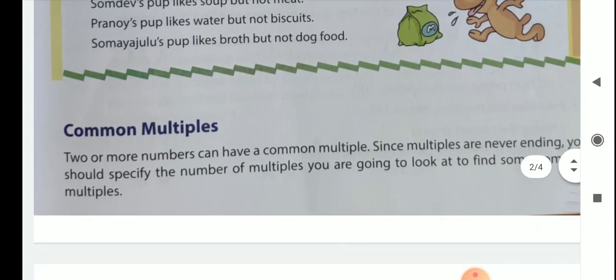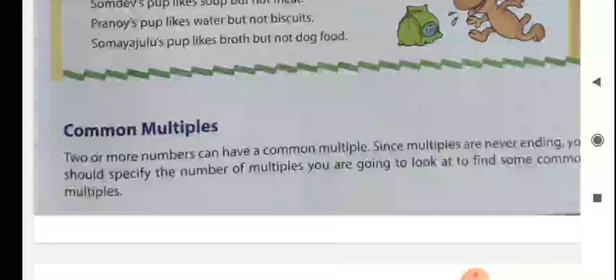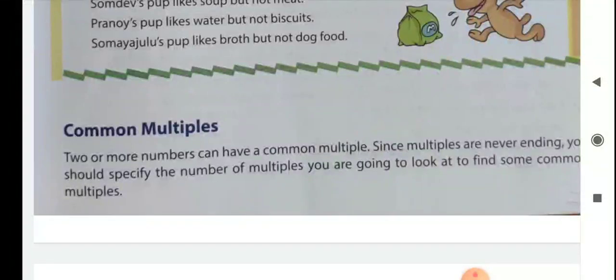Then comes common multiples. Two or more numbers can have a common multiple. Since multiples are never ending, we should specify the number of multiples we are going to look at to find some common multiples.